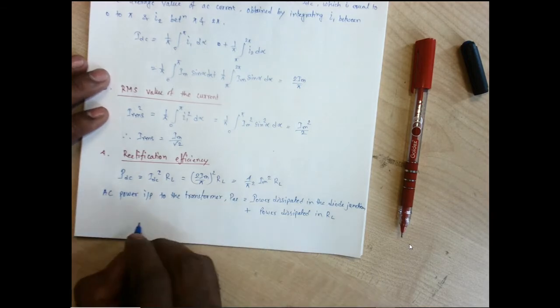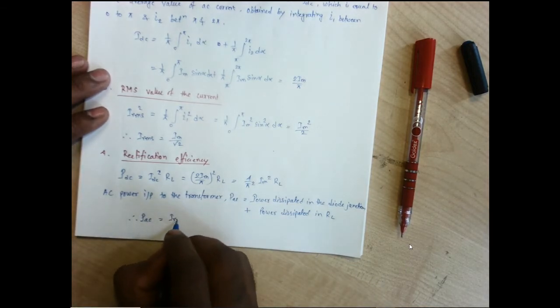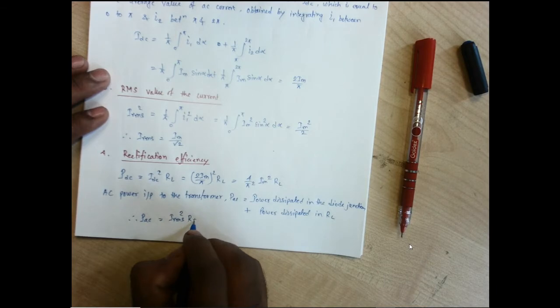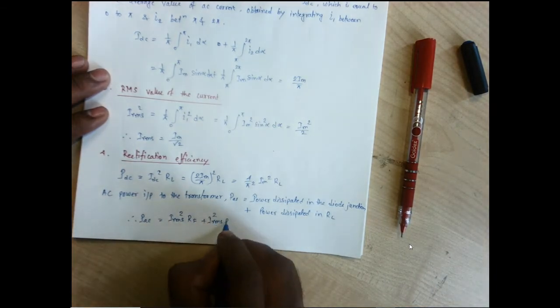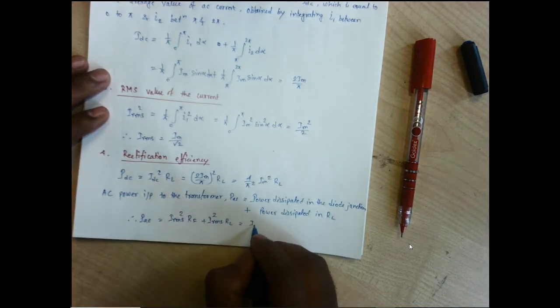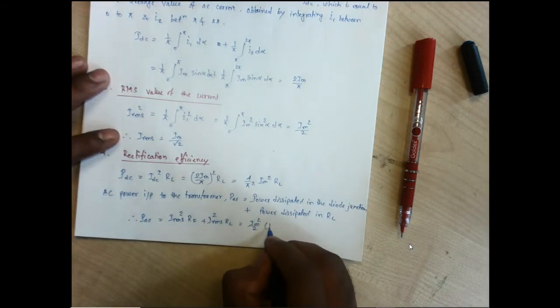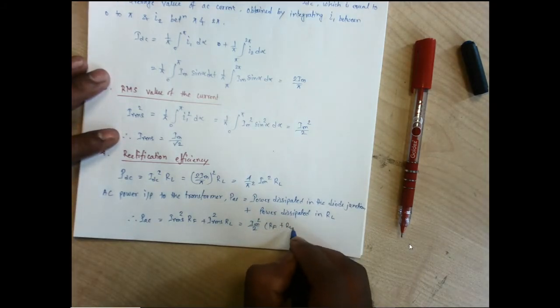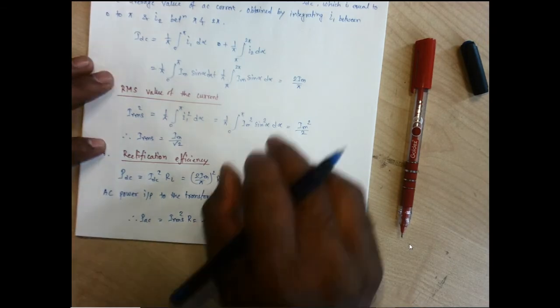So PAC is I RMS square into RF plus I RMS square into RL, or Im square by 2 into RF plus RL. That is our input power.